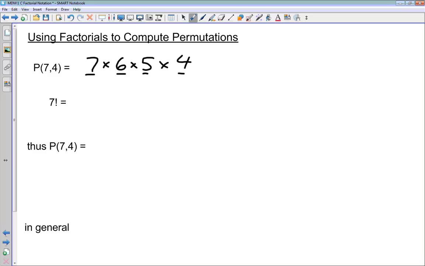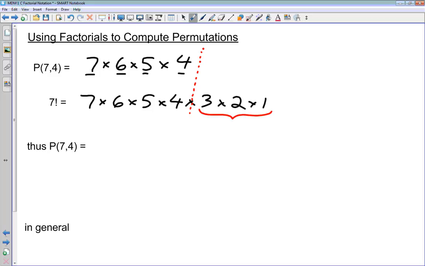Well, 7 factorial is 7 times 6 times 5 times 4 times 3 times 2 times 1. Notice that these two expressions are the same up to this point right here.